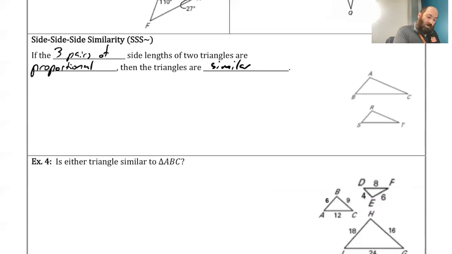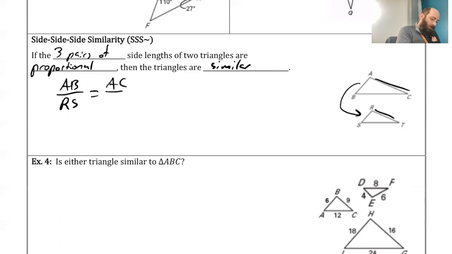So what that means, if I look at these, if I take AB over RS, that equals AC over RT, and it also equals BC over ST. Okay, if all of these are the same proportion, that means triangle ABC is similar to triangle RST.